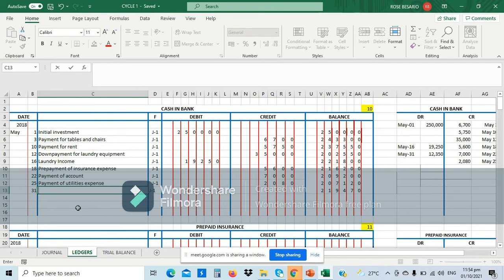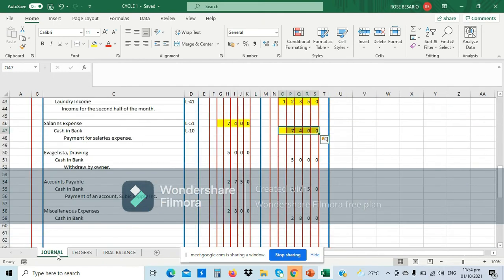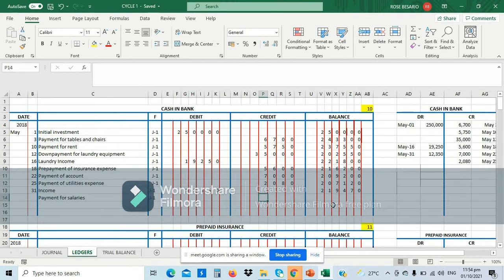Sorry, this is income. This one is payment for salaries from J1. Then credit. How much is that? 7,400. Okay. So 7,400. Sorry. 7,400.